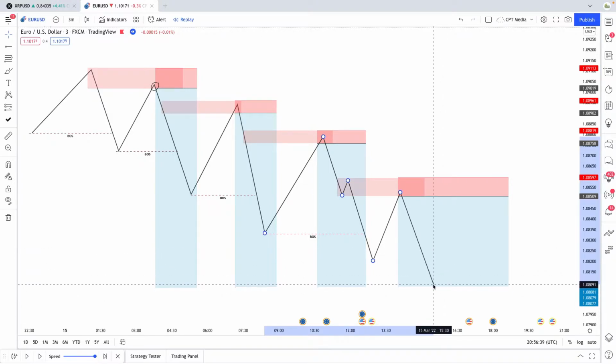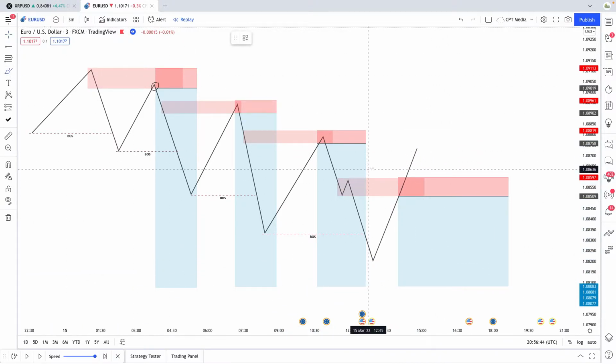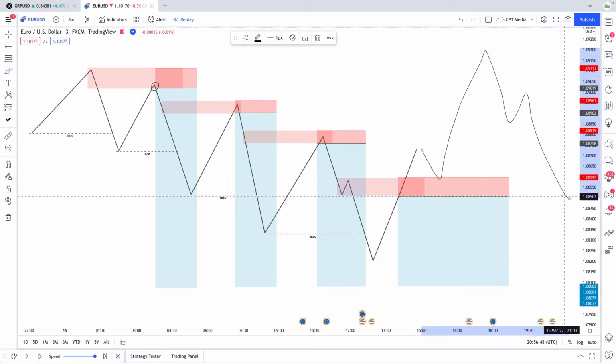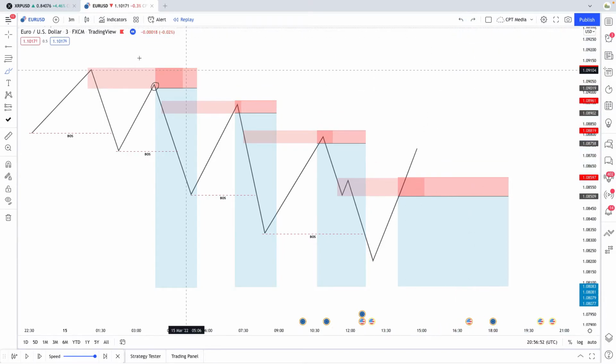Now, in this example, say price fails to break the low here and just continues on pushing higher. Say price wants to come back to this level and then push up higher before we look for that correction move down, right? Say price does that, because it can.